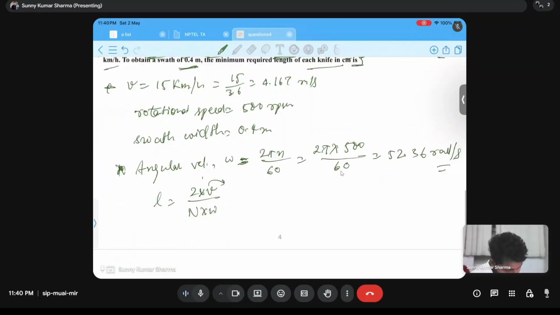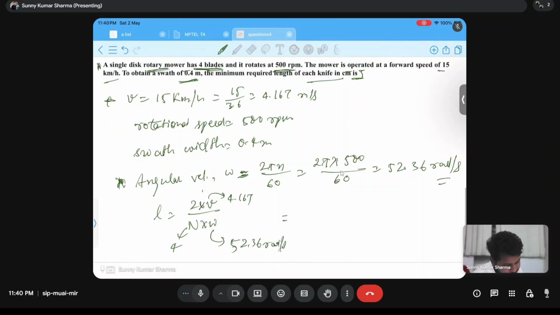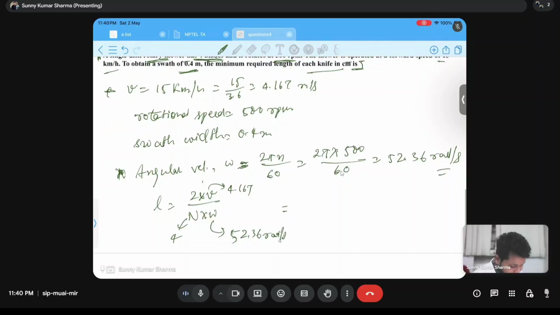So V is equal to 4.167, N is equal to 4, and omega we have just calculated as 52.36 radian per second. So what will be the minimum length required of each knife in centimeter? It will become 2 into 4.167 divided by 4 into 52.36. This we will get in meter and we need to convert it in centimeter, so we will multiply it by 100.